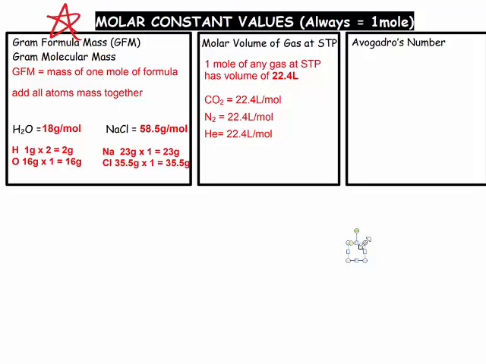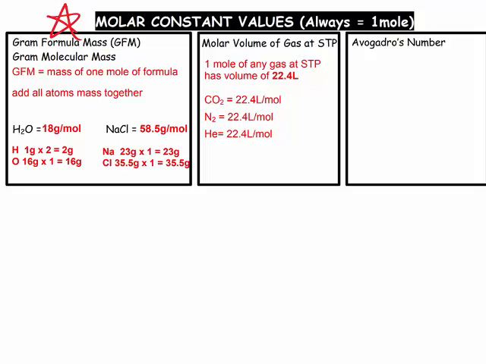And the great thing here is that it doesn't matter what gas it is. So 1 mole of carbon dioxide will have the exact same volume as 1 mole of nitrogen, as 1 mole of helium. And so we can use this number 22.4 as a constant the same way we did with GFM. The difference is I don't have to calculate it. It's always 22.4. So that's kind of neat.